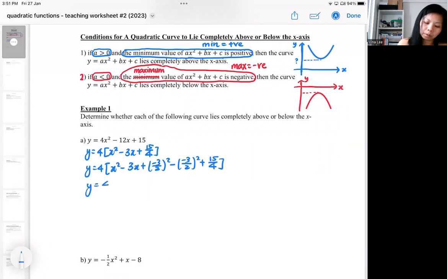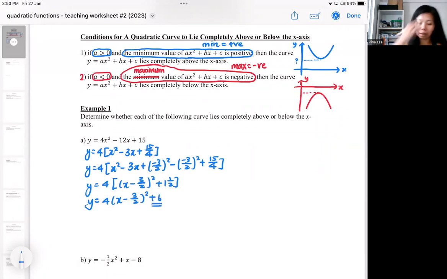So do your complete square before you do any explanation. After the complete square, you should be able to tell the minimum value.